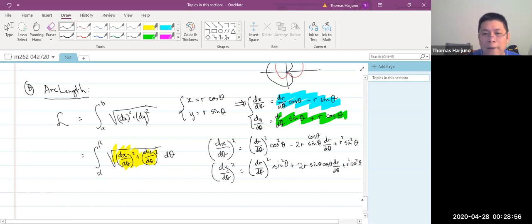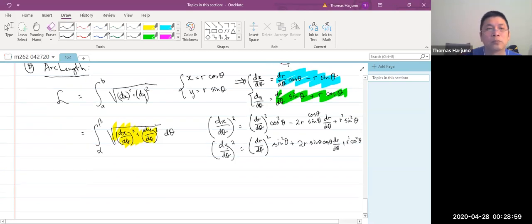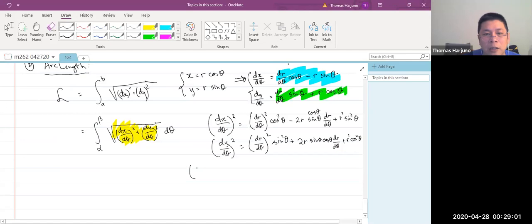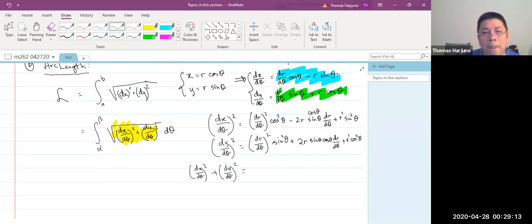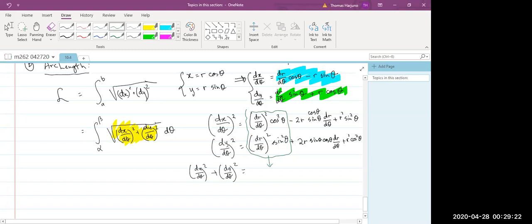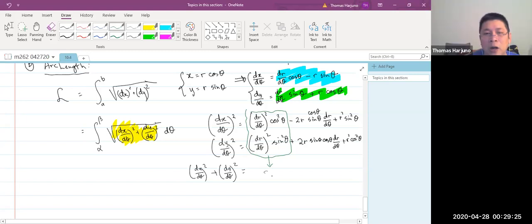If I add dx d theta squared plus dy d theta squared, notice that the first terms add up to 1 times (dr d theta) squared. The middle term will be zero.